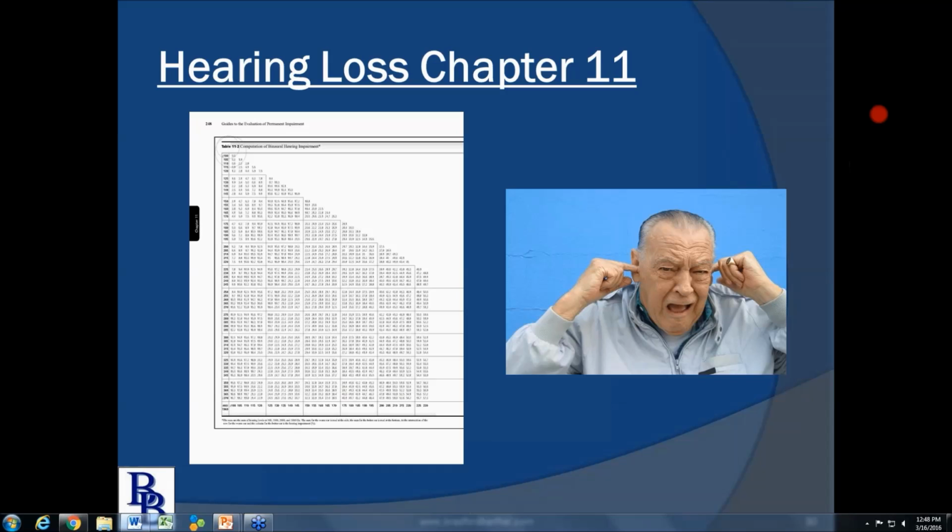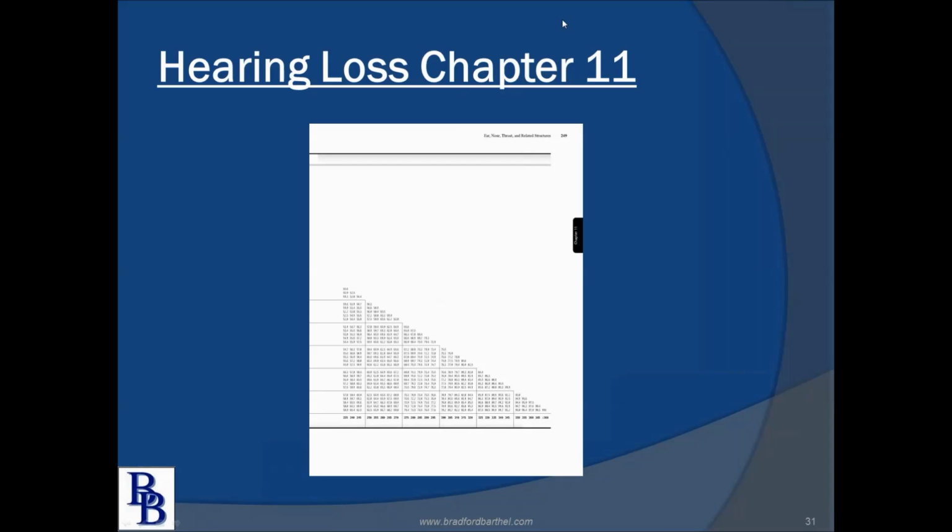Less than 100 for DSHL is not rateable. So if your value adding those 4 is 100 or less, it's not rateable. And it does not change what happens on that chart.